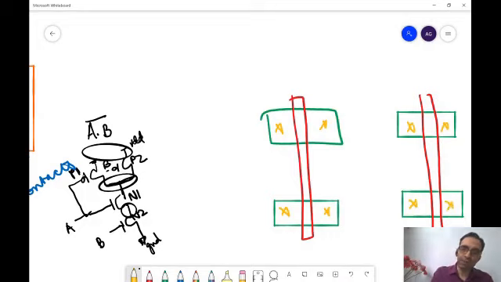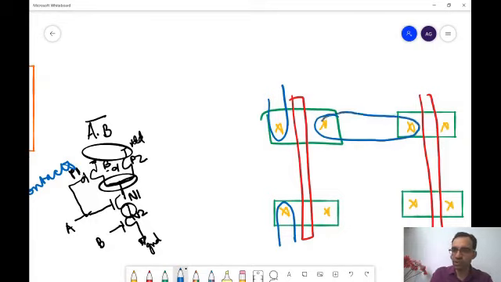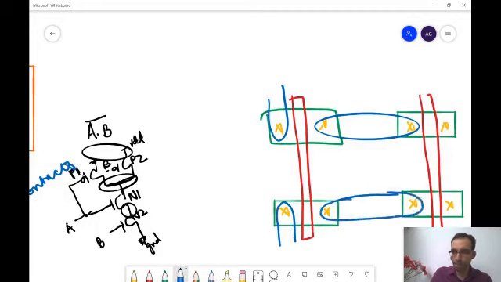So what happens in all this? You may say that this is ground, this is VDD, this is the shared node. I will connect them like this. And this is again VDD, and I say this is my output.